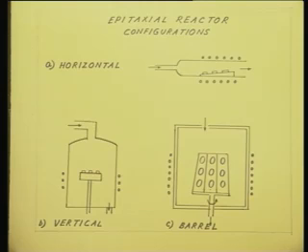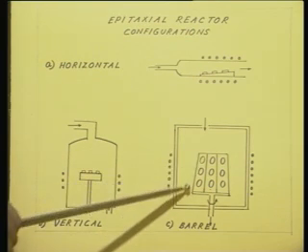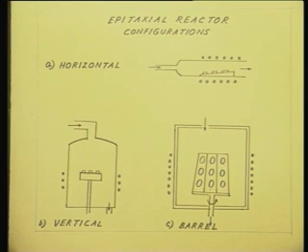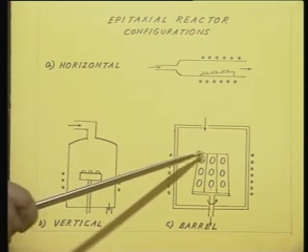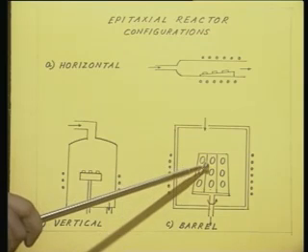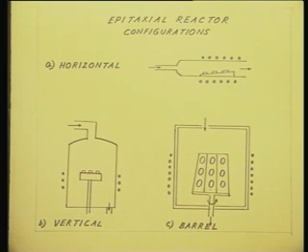In a barrel type reactor, the sample holder is a barrel or a drum, and in this drum small niches are carved out, right, small grooves are carved out, and in each of these grooves the sample can be placed. See, this is the groove for placing one whole silicon wafer, this is for mass production.